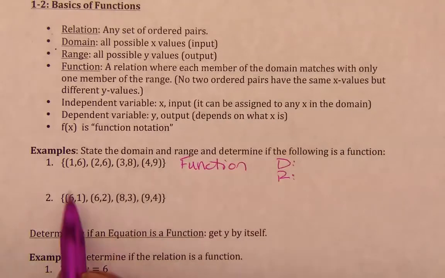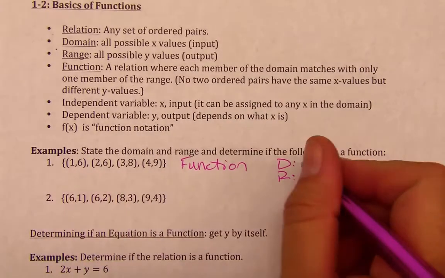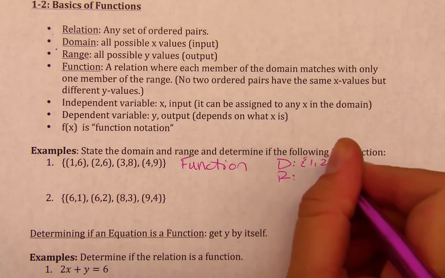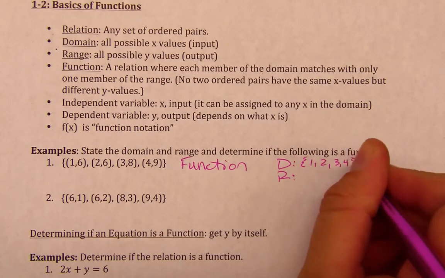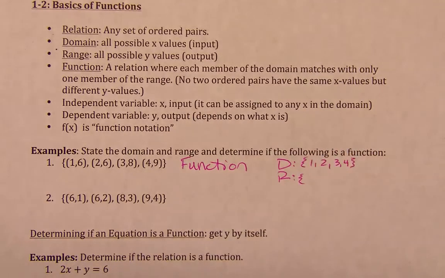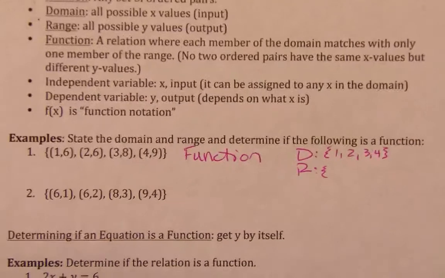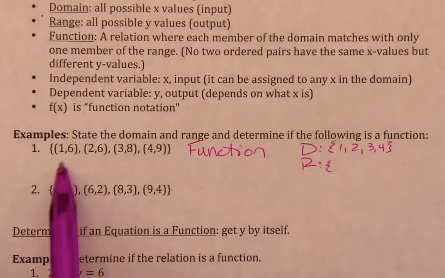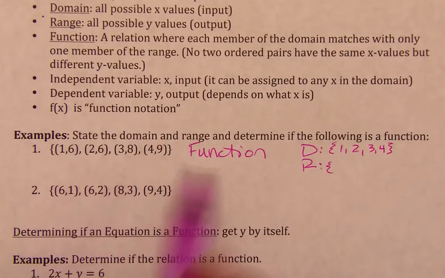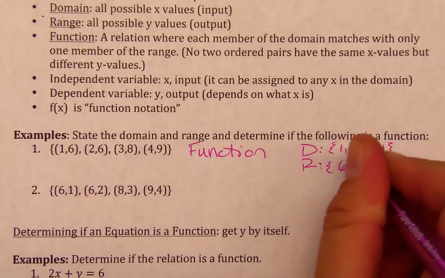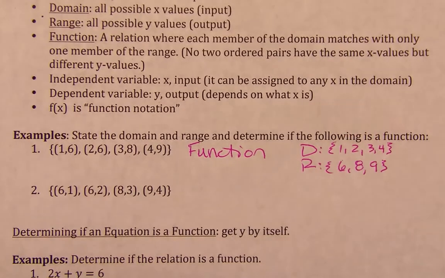Well, our domain is whatever our x values are here. So 1, 2, 3, and 4. And our range is our y values here. In this case, that would be 6, 6, 8, and 9. So 6, 8, 9. We don't need to list the repeats.